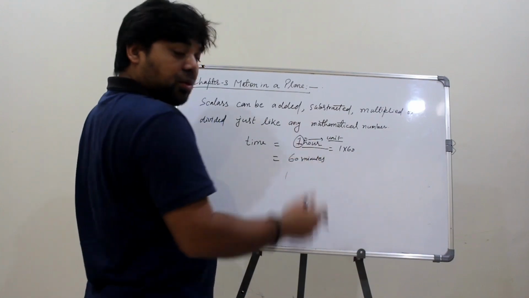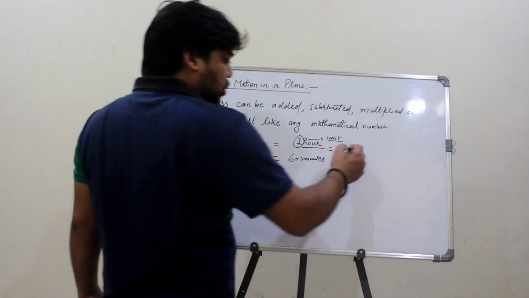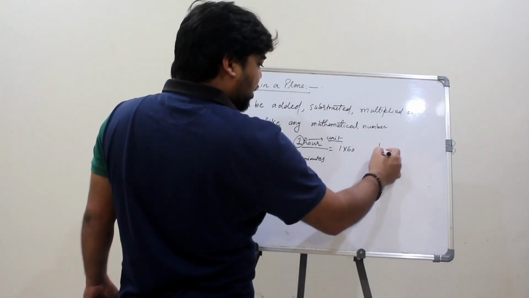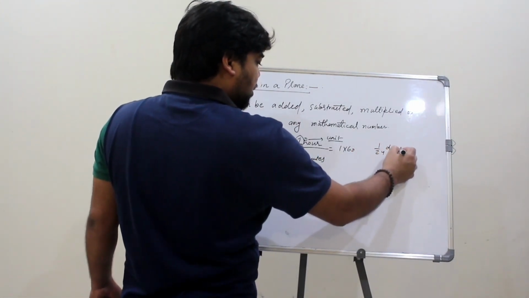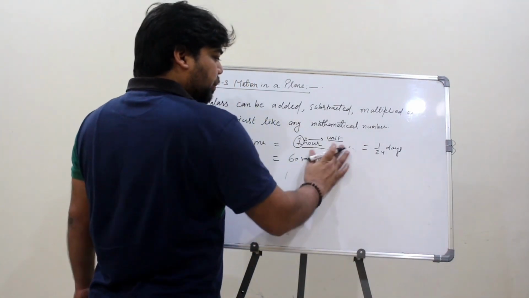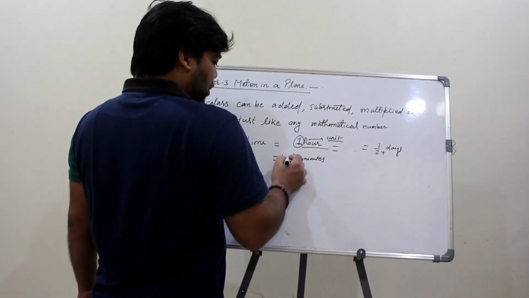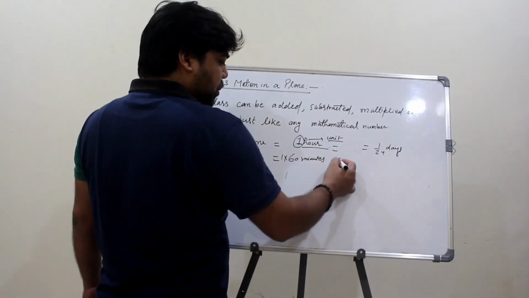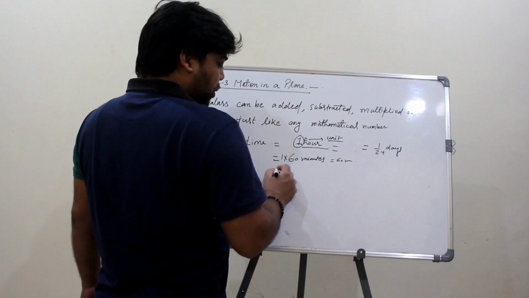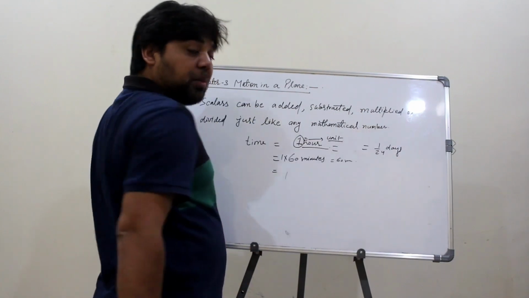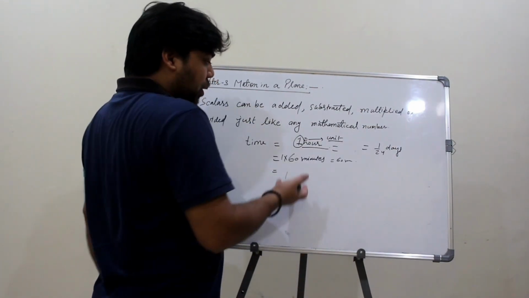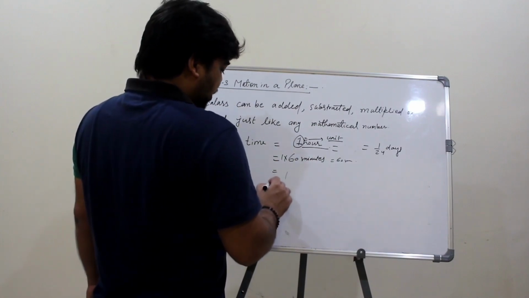If you want to change into days, it is 1 divided by 24 days. Equivalently, 1 multiplied by 60 minutes. It can be added also, like 30 plus 30 minutes.